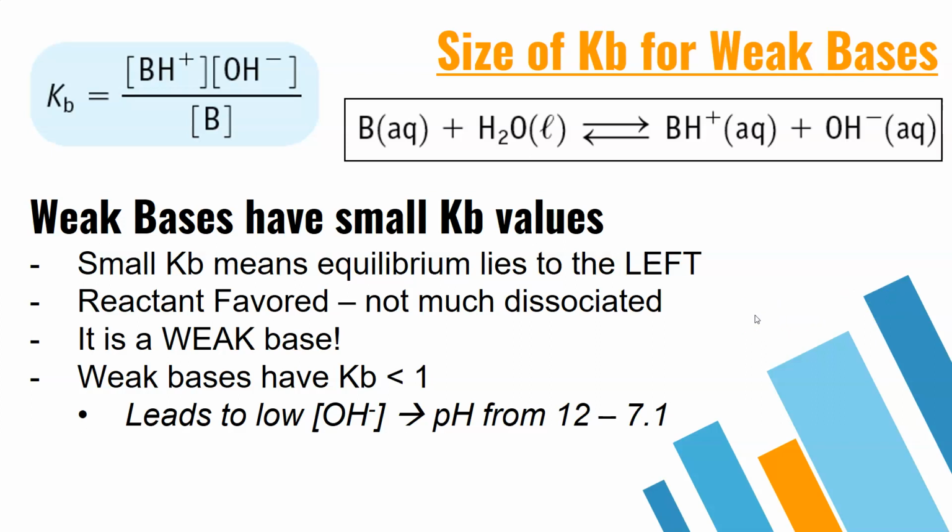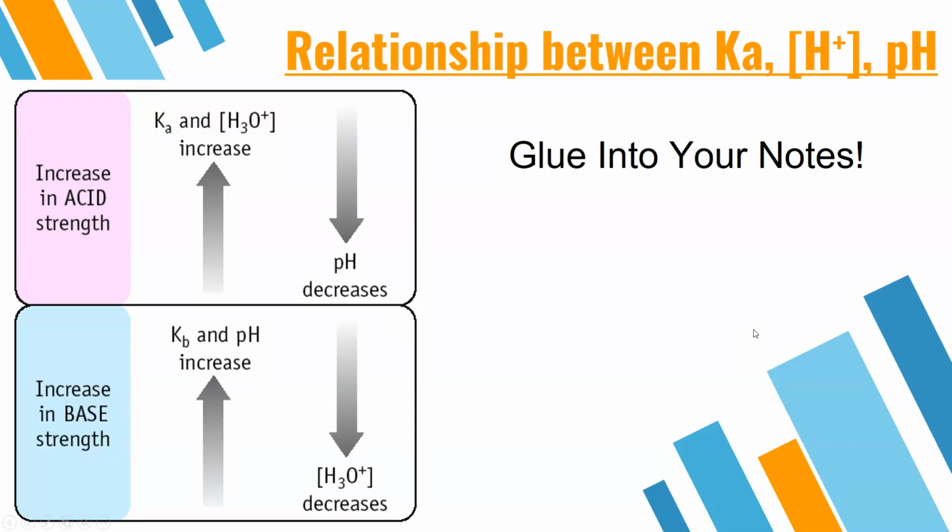So there's a nice little graphic that shows you the relationships here. As your acid gets stronger, your concentration of hydrogen ions goes up and your Ka value goes up. That means you will have a lower pH, because remember it's that negative log calculation, so we get a low number.